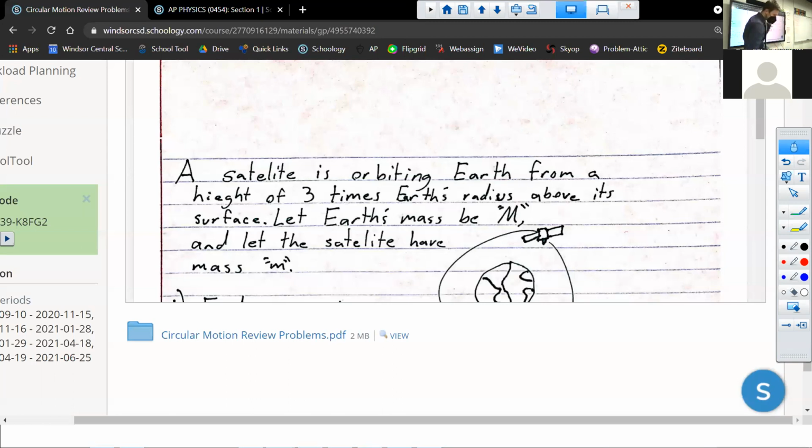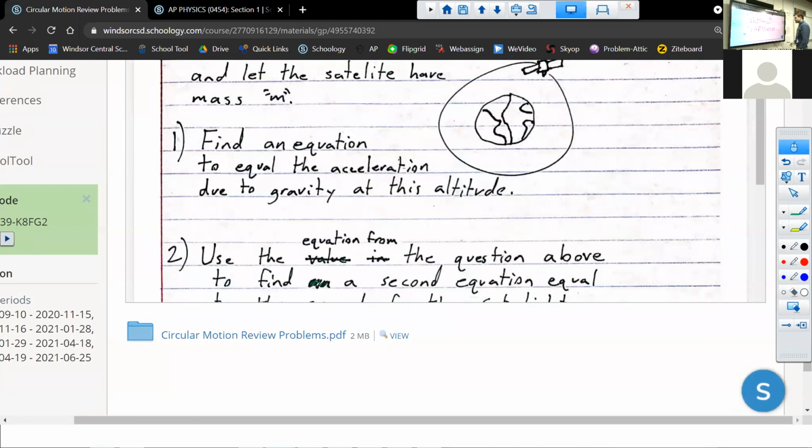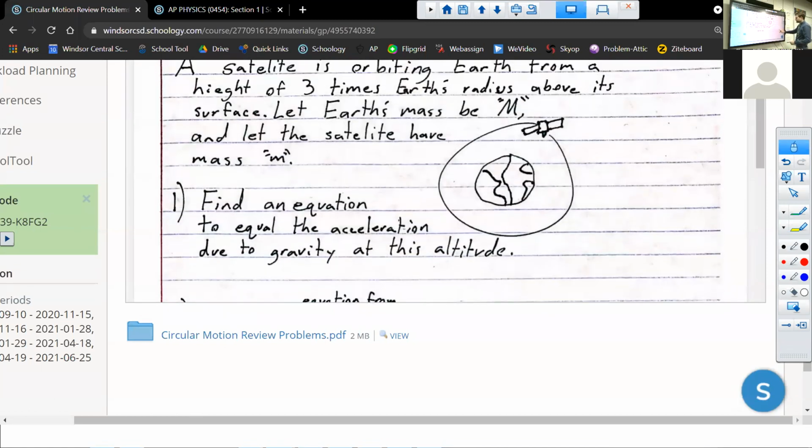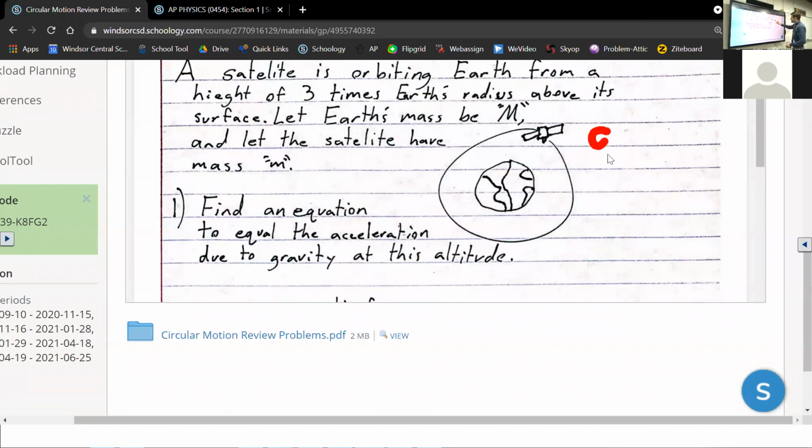All right. So let's chat about it. Find an equation for the acceleration due to gravity at this altitude. So the base equation is G, big G, M over R squared. You're allowed to use any constants, so G is fine.